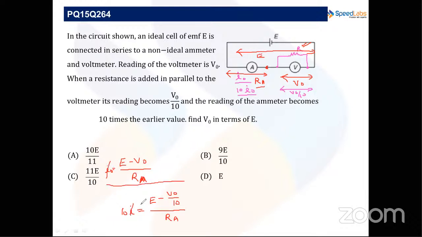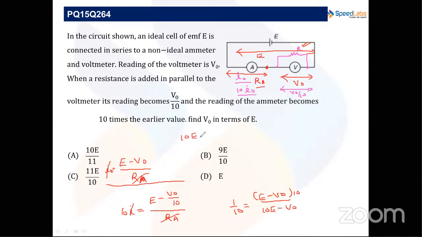Now just divide. I is gone, RA is gone, and you can tell the relationship between E and V0, right? So 1 by 10 is equal to (E minus V0) divided by (E minus V0 by 10). So 10 goes up. Now just cross multiply and solve for V0.